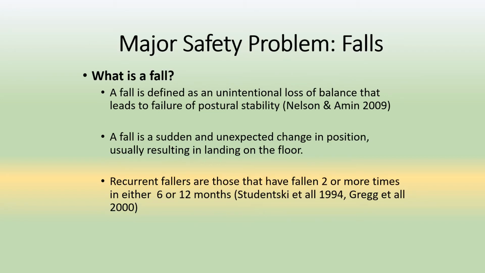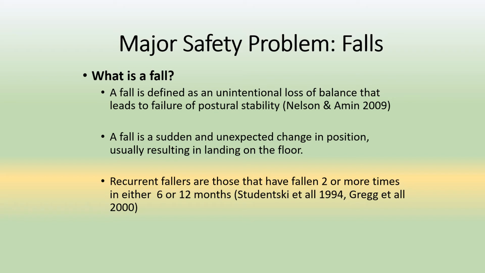The biggest safety problem that faces older adults is falls. So what is a fall? A fall is defined as an unintentional loss of balance that leads to failure of postural stability.